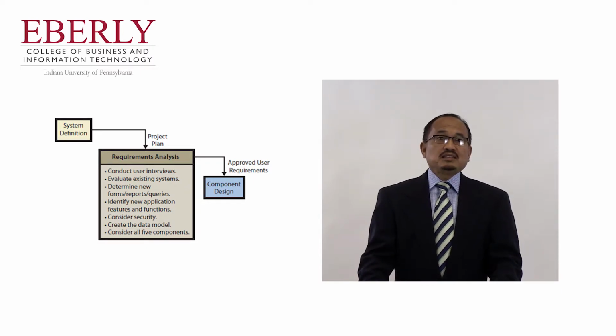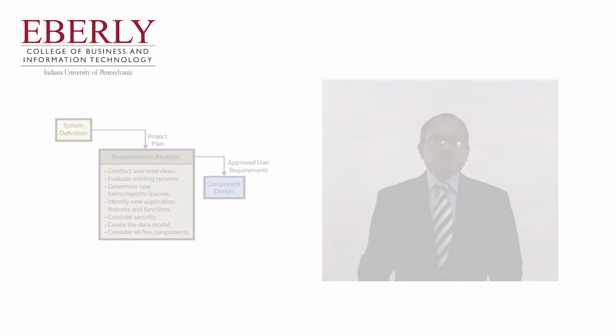Will the system need to interface with information systems from other companies and organizations? In short, requirements for all components of the new information system need to be considered. These questions are examples of the kind of questions that must be asked and answered during requirements analysis.